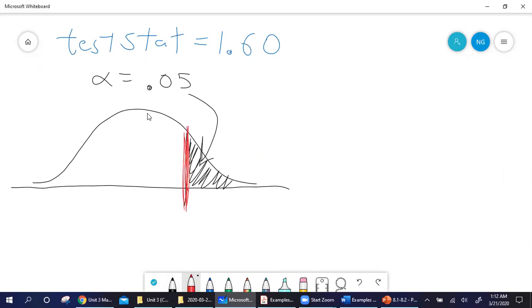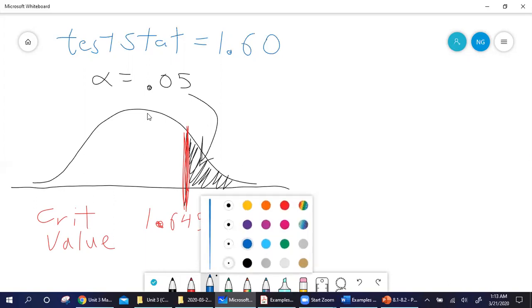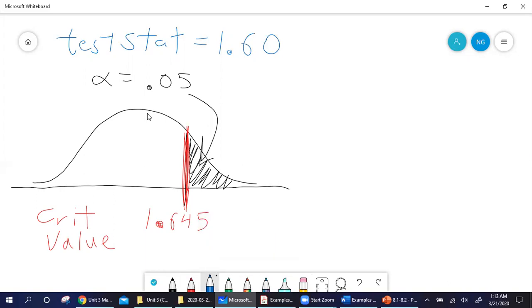The z-score that goes with 0.05 to the right is 1.645, which again is on your z-sheet. This is the critical value. So again, this is just another way to arrive at the same conclusion. I'm showing you both ways because we're going to use p-value a lot, but later on we're going to switch over to critical value, so we need to know them both.